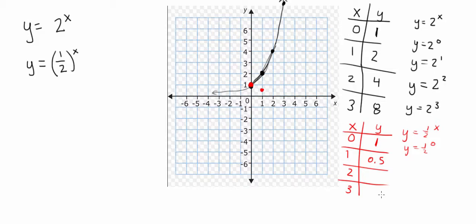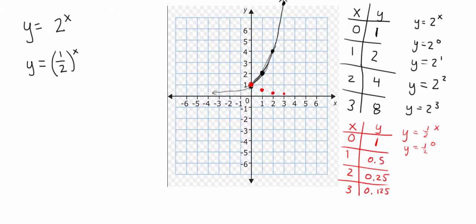Then 0.5 squared gives us 0.25, somewhere down there. Then we do it to the third, and that gives us 0.125. So it's going to get smaller and so forth.